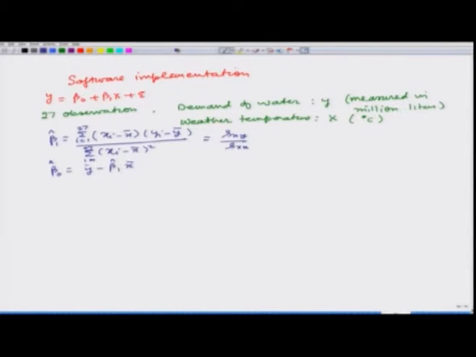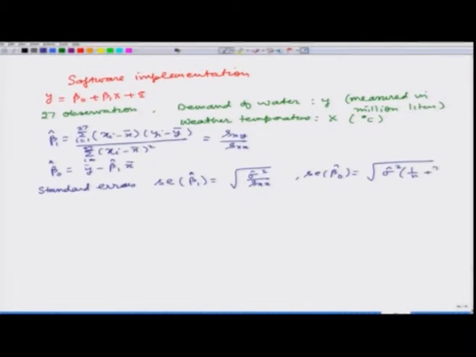After this, we have obtained the standard errors. Standard error of beta 1 hat was obtained as sigma hat square over Sxx, and standard error of beta 0 hat was obtained as sigma hat square (1 over n plus x bar square over Sxx).